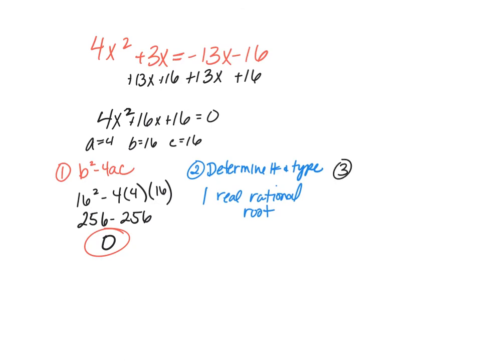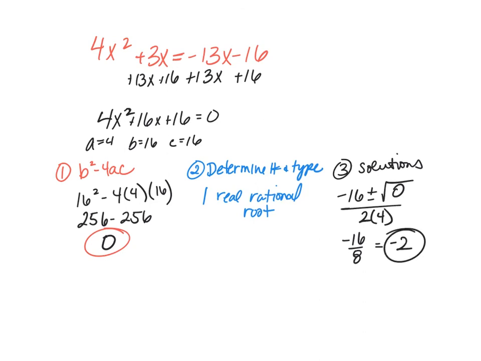Number 3 is find the solutions. So that's negative b, which is negative 16, plus or minus the square root of b squared minus 4ac, which we found was 0, divided by 2 times a, which is 4. So that's negative 16 over 8, plus or minus 0 is just plus 0, and that's why I only get one real solution.